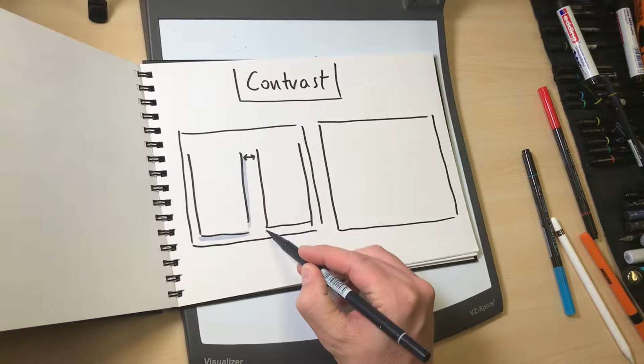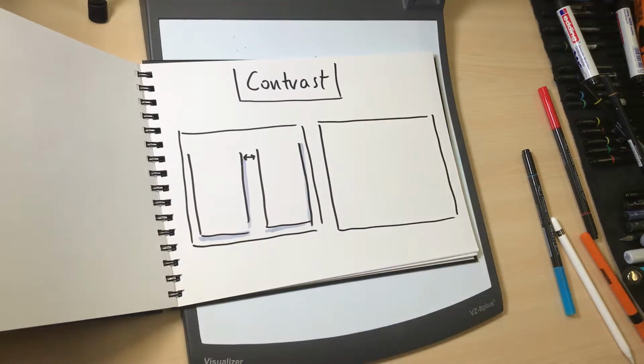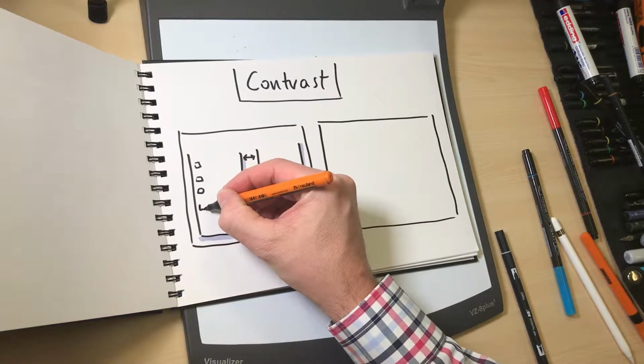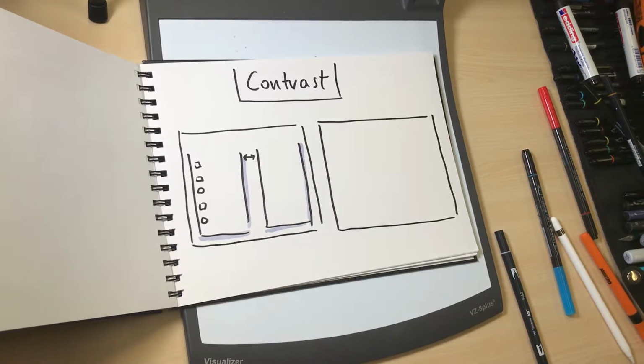And if it's more traditional, then very likely we will have certain bullet points that we compare against each other. So that's the more neutral form.